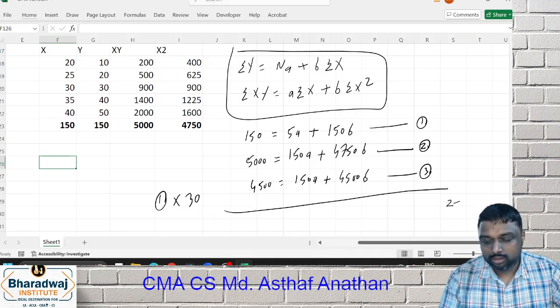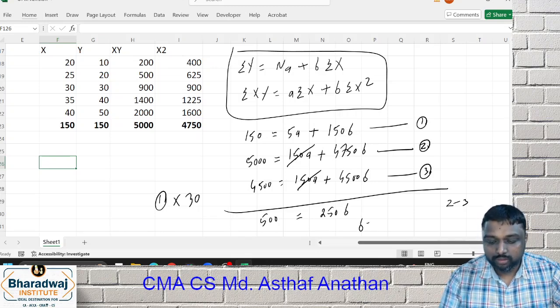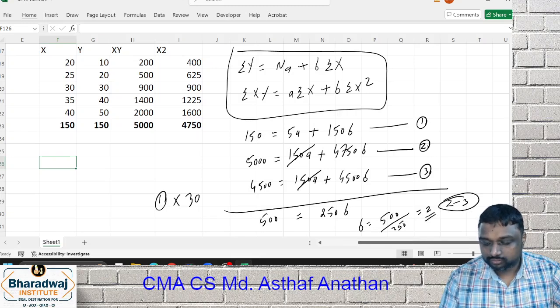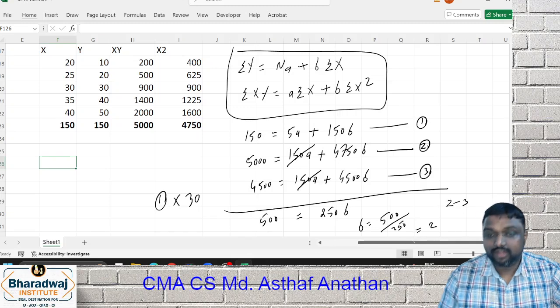Now you can do equation 2 minus 3. You get 500 equals, if I am not wrong, 250b, correct? So b will be 500 by 250. You will get 2. Correct, friends?